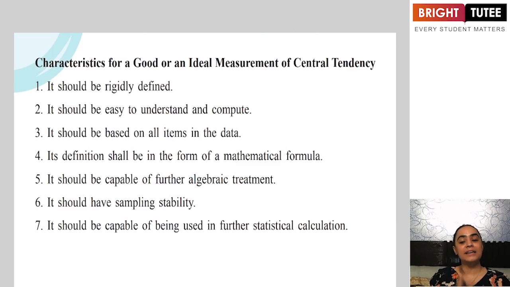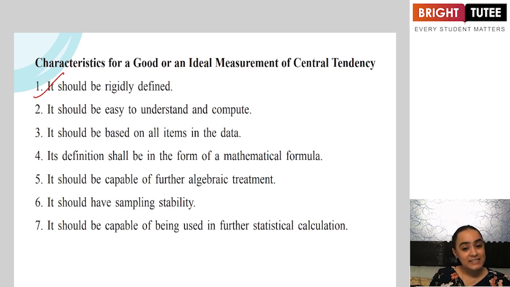Now, what are the characteristics of a good or an ideal measure of central tendency? First, a good central tendency should be defined in very rigid terms. There should not be any vague answers. There should be an accurate and exact answer that you get, and there has to be a reason behind the computation of that answer as well.